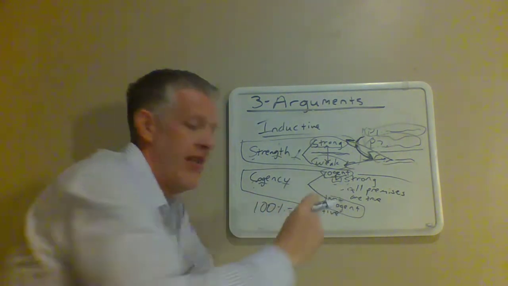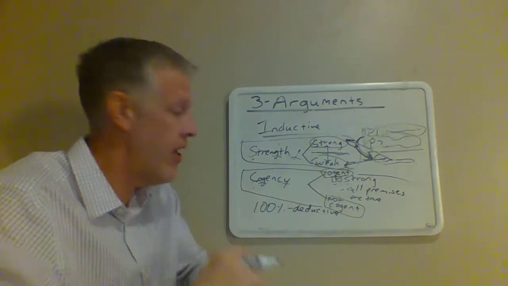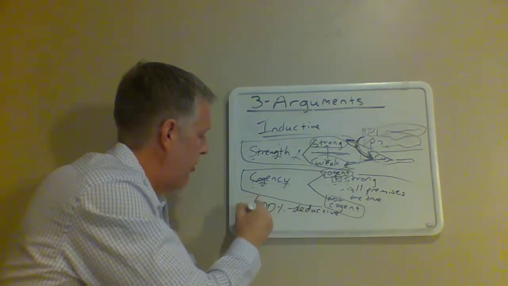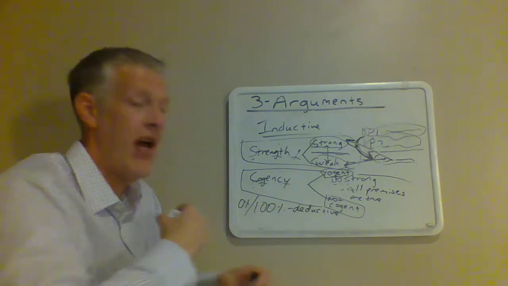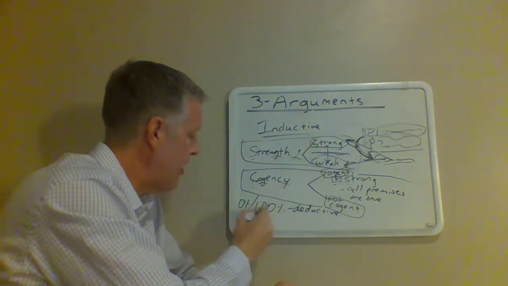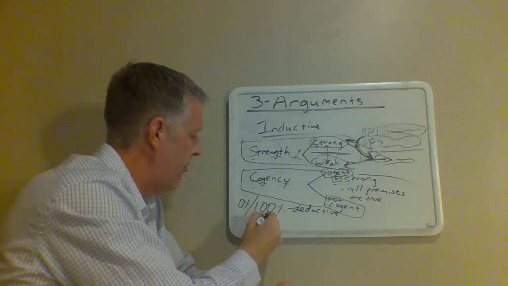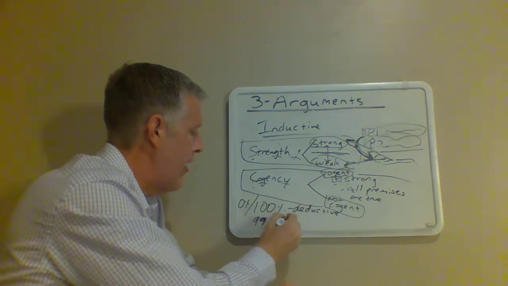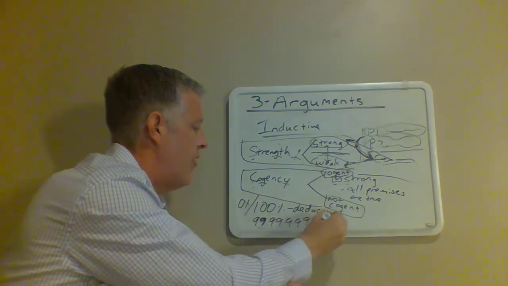It's not allowing for any exceptions. So too, 0% would also be deductive. It's not allowing for any exceptions the other way. But anything in between, let's say 99.999999, you get the idea.